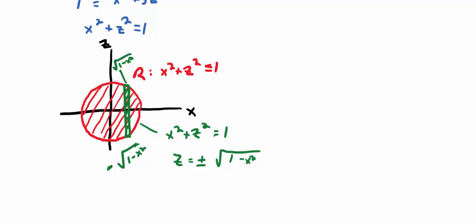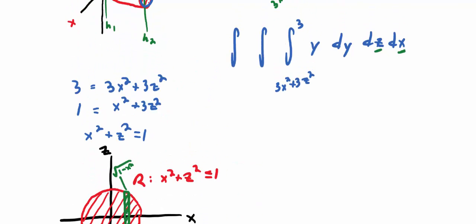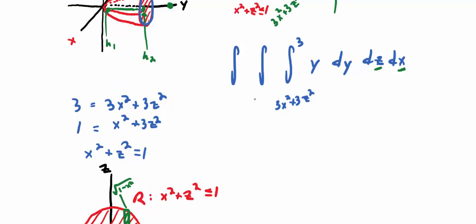Does that make sense to you? So this limit here would be the lower limit, negative square root of 1 minus x squared, and the upper limit, positive square root of 1 minus x squared. Okay? And then what does x range from?